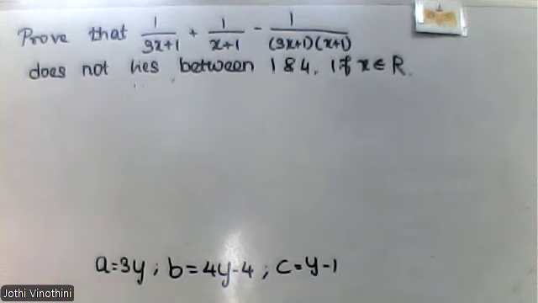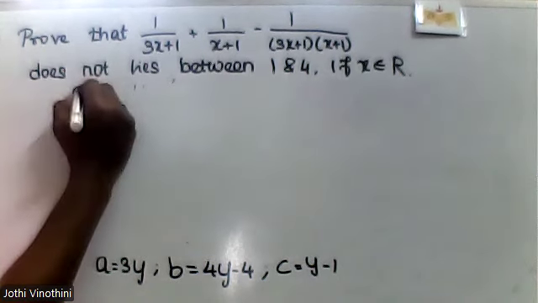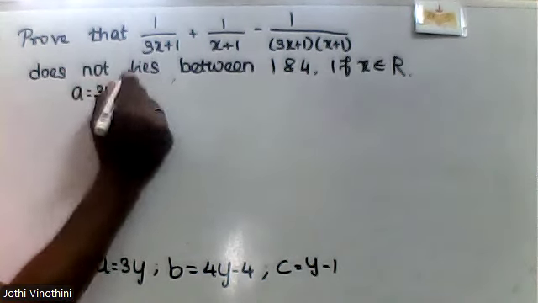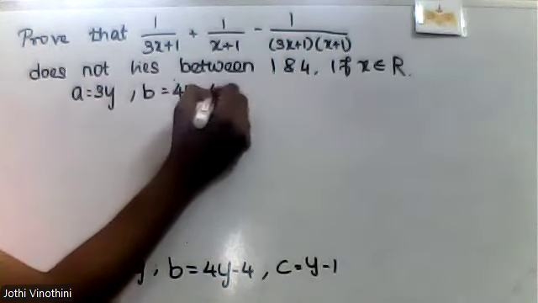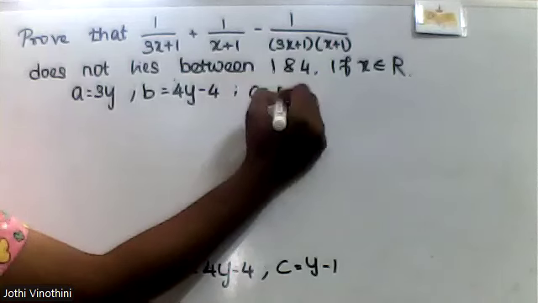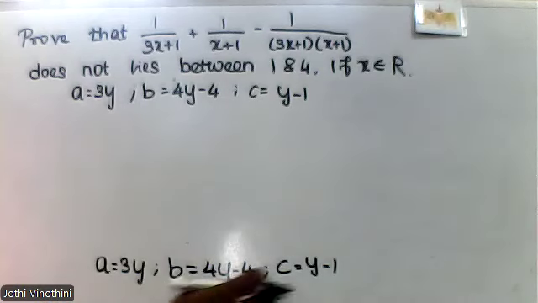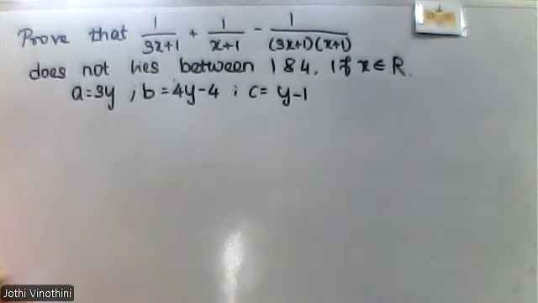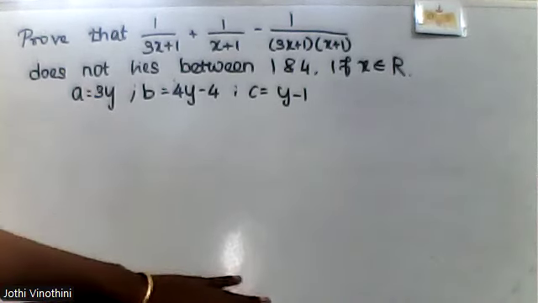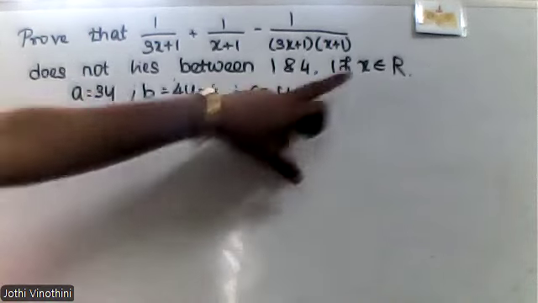So what do we find? We find A equals 3y, B equals 4y minus 4 and C equals y minus 1. So up to this we find, right? See the question. What are we provided with? We are provided with the information at the end.